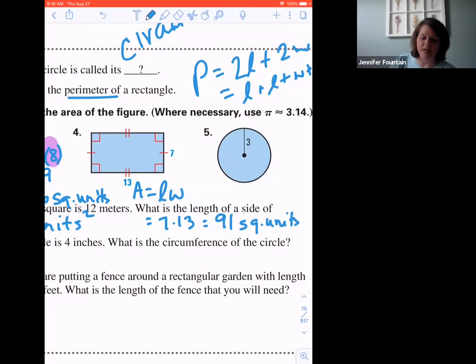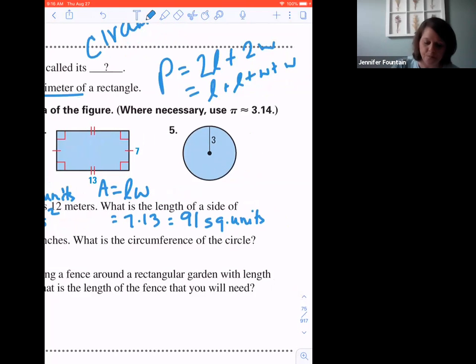All right, now we're finding the area of a circle. Area equals 2 pi r. Is that right? Is area 2 pi r?